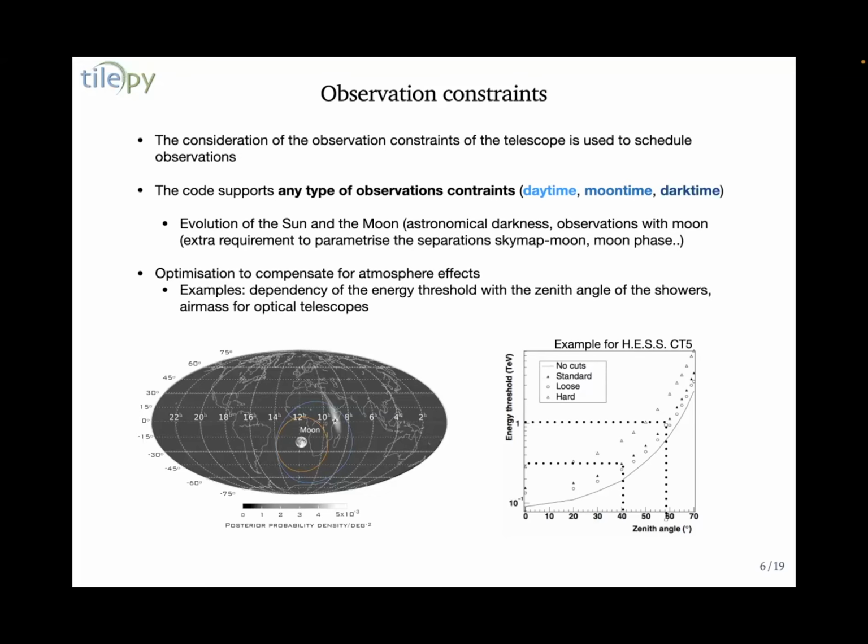You see that going from 0 zenith angle observations to 40 to 60, we lose orders of magnitude in the energy threshold of the observation. So this is also part of the code. There's some weighting done so that observations closer to these zenith angles are selected instead of those over here.